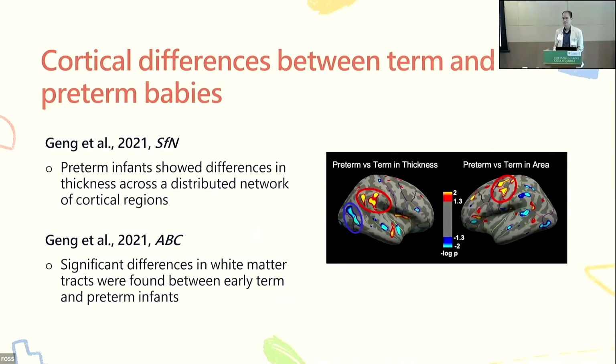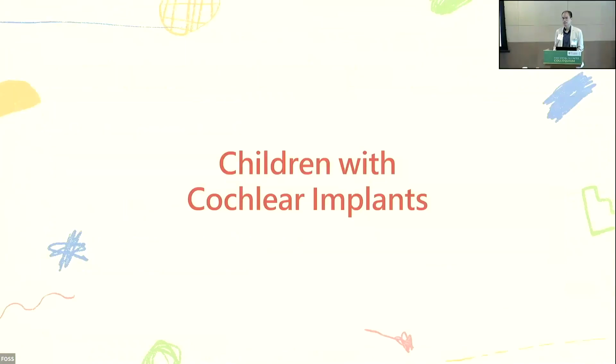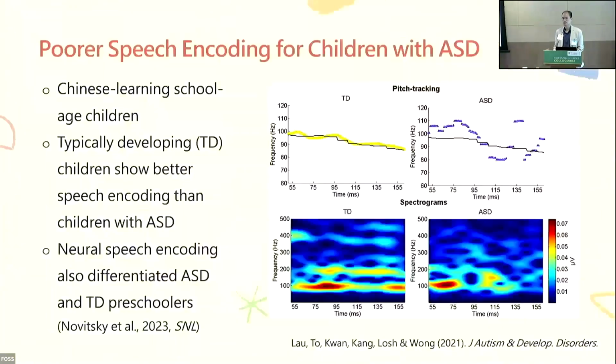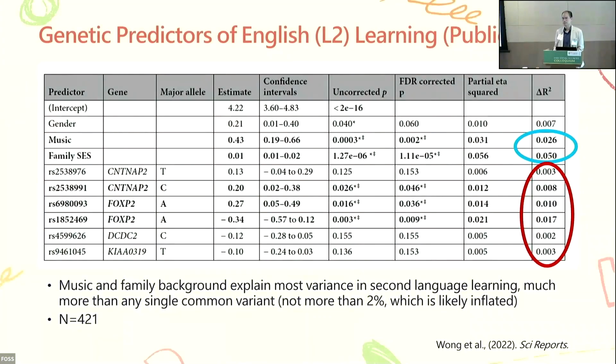And the data show that the EEG response can explain or predict the language skill. My question here is whether the FFR response can be determined by a specific gene.